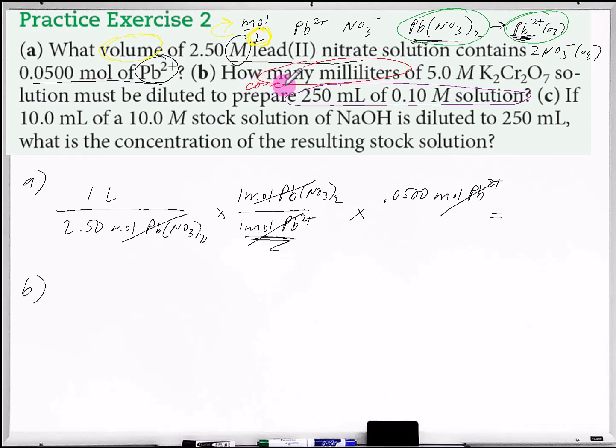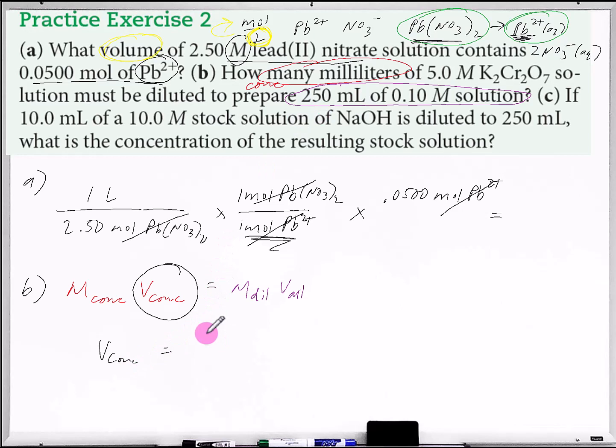So we're trying to solve for V concentrated. And these are the diluted amounts. So we're trying to solve for the concentrated volume.